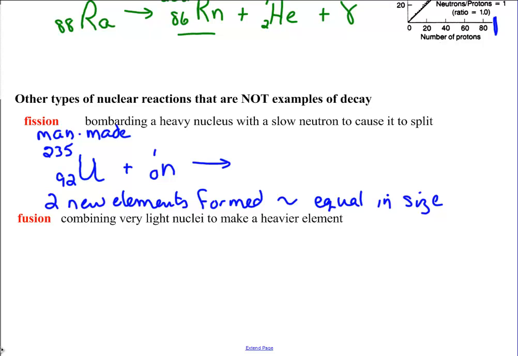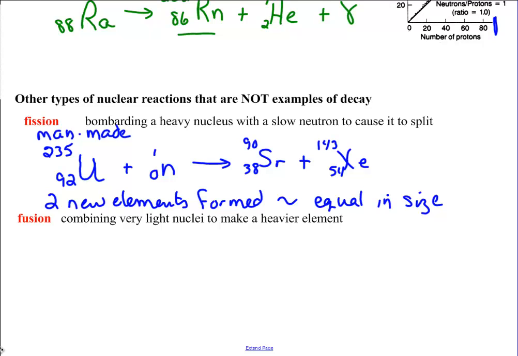So for this example, what this uranium nucleus is going to decay into is the element strontium, with a mass of 90. Strontium is element number 38, and it's also going to decay into xenon. Xenon has a mass, in this case, of 143, and xenon is element number 54.